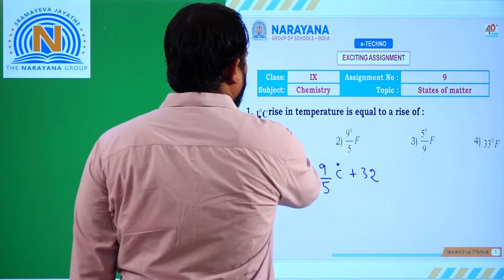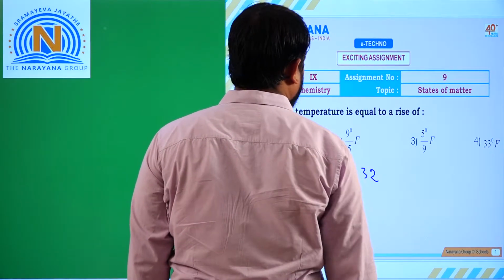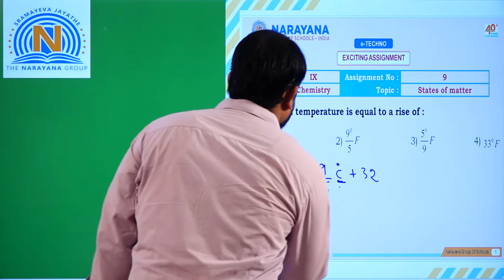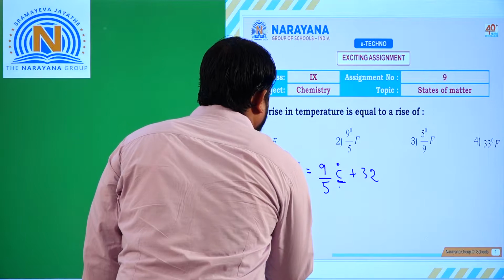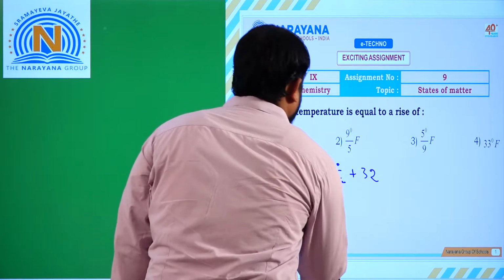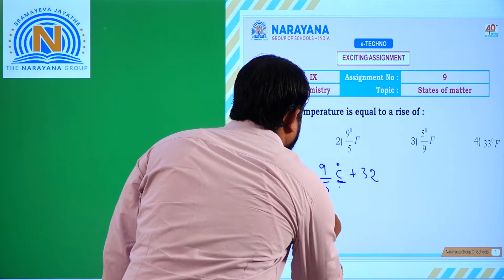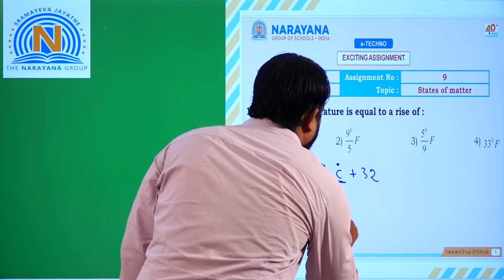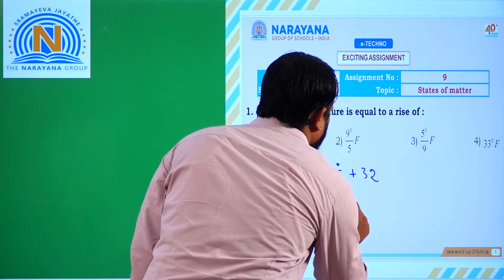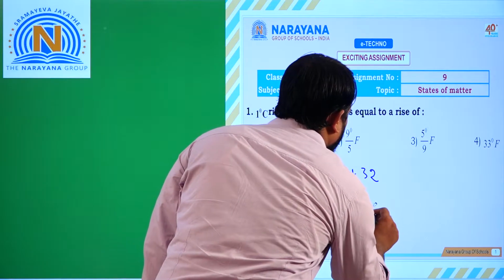Here, a 1 degree rise in temperature means that in place of C, I am substituting C plus 1 degree. So F is equal to 9 by 5 into (C plus 1) plus 32.